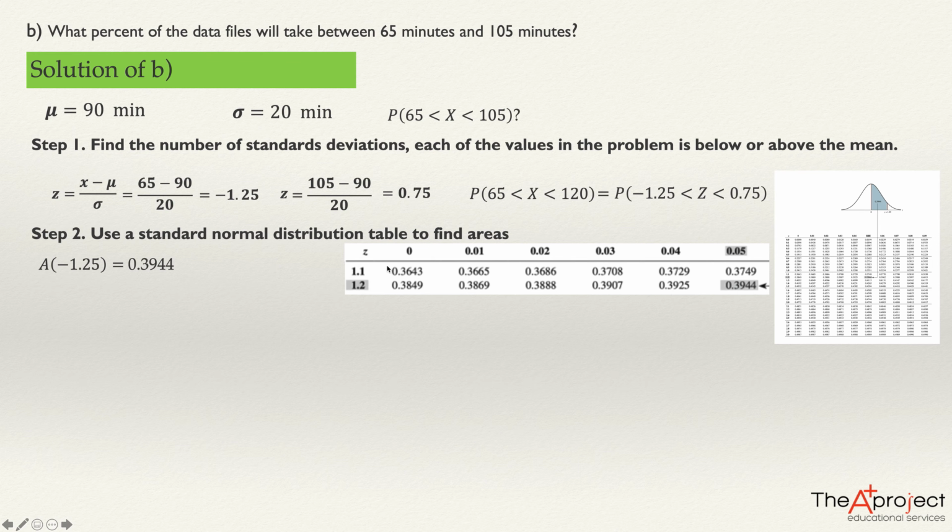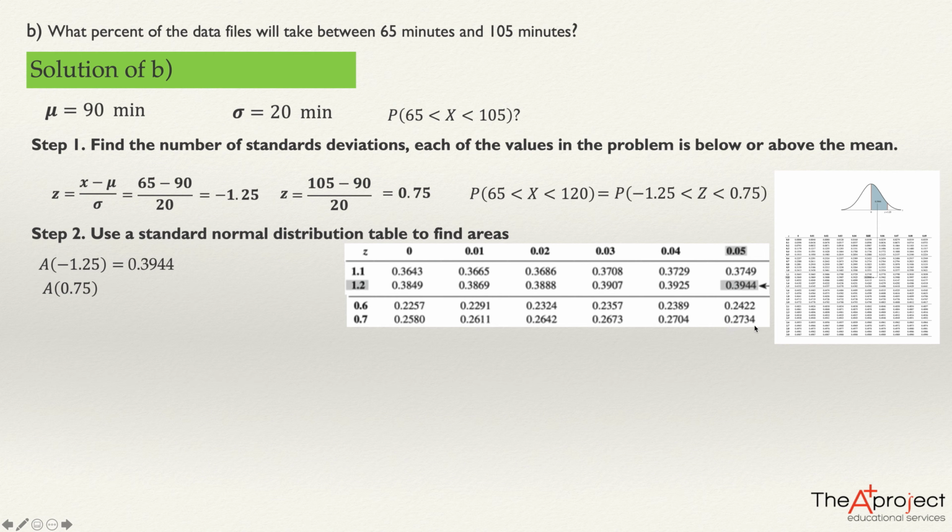Okay, now we need to compute the area corresponding to 0.75. I'm going to take note of this, the area of 0.75. And then go to the table until 0.7 and then 5. Let's zoom in on this. For 0.75, the answer is 0.2734.